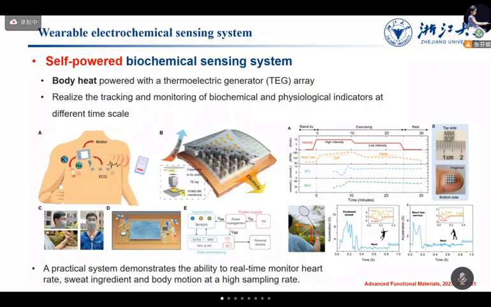With the body heat, we can transform the heat into electric signals and use it to power our sensors. With this method, we have achieved real-time tracking and monitoring of a variety of indicators, including the heart rate, the ions, and also the velocity. So it gives us another way of health management.